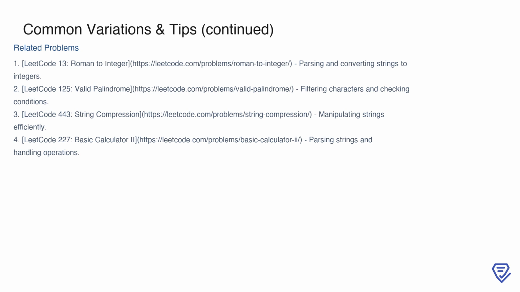If you're working on string compression, LeetCode 443 challenges you to manipulate strings efficiently, focusing on optimizing space usage. Finally, LeetCode 227, Basic Calculator 2, deals with parsing strings and handling operations, teaching you how to process strings while managing more complex logic. Exploring these problems will deepen your knowledge of string handling techniques and problem-solving strategies.